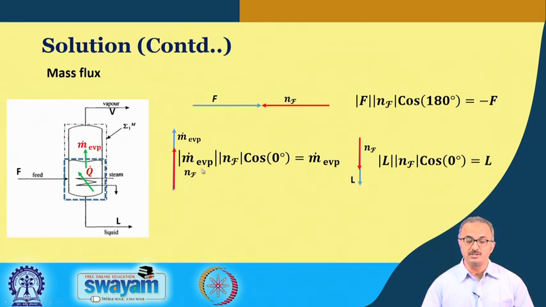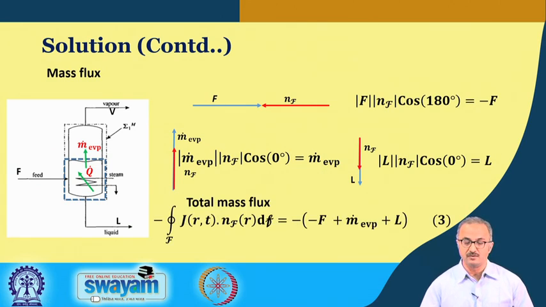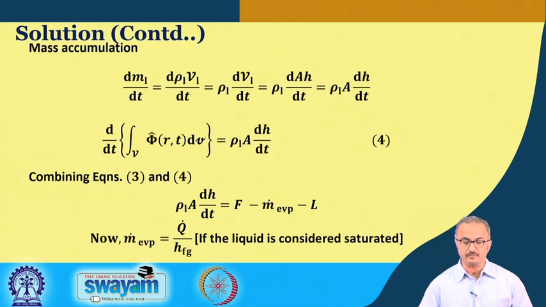So, now with this new flux term, we can see that the net flux will be the contribution of the feed flow rate, the liquid flow rate, and the amount of evaporation taking place. Now, again we write the amount of liquid change with time in the evaporator as dmL by dt.